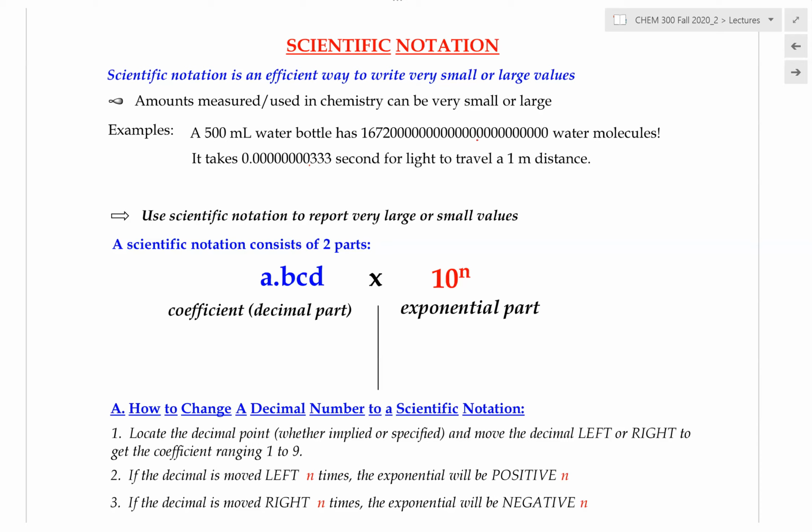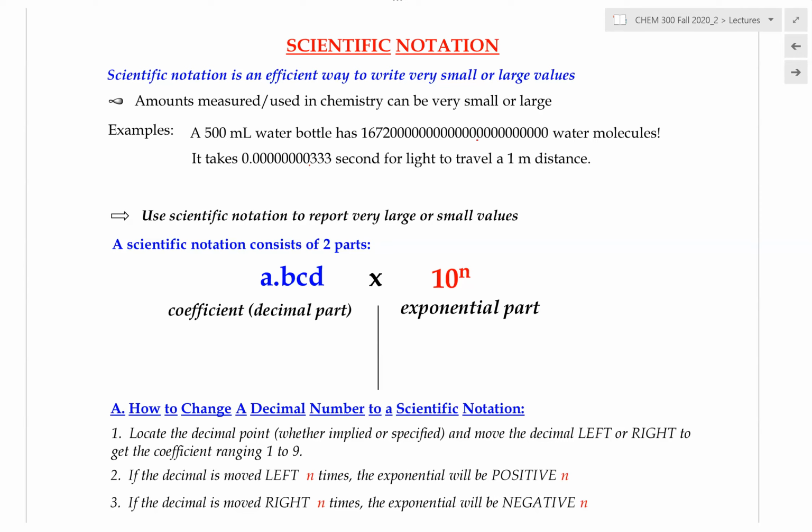So here in chemistry, we have to use scientific notation. And yes, I said it, we have to use it. The reason is that in chemistry, we deal with very big and very small values. Whenever we deal with very big and small values that have a lot of zeros in them, it's very easy for us to miss a zero or to add an extra zero when we write those values.